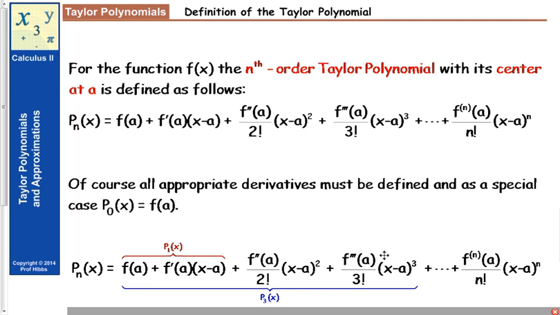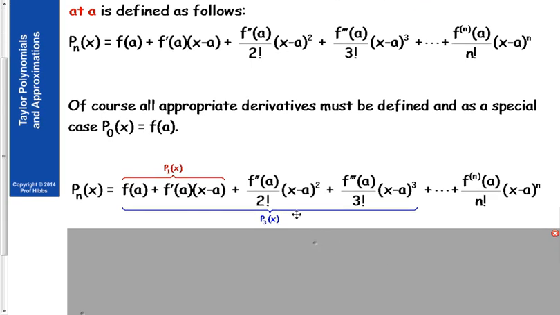Now, it's important to recognize how these build. Here's the definition of the nth order Taylor polynomial all the way out to where we're taking the nth derivative, with a power of n, dividing by n factorial. But if we're looking at p sub 1, then we're at the level of the first derivative and a power of 1.